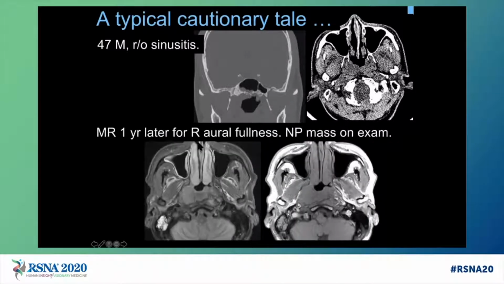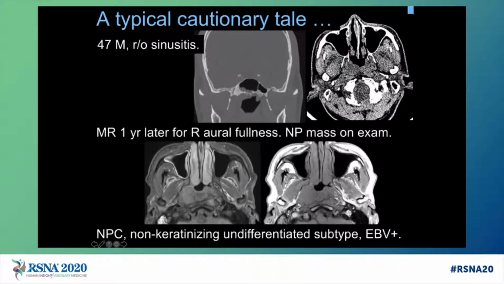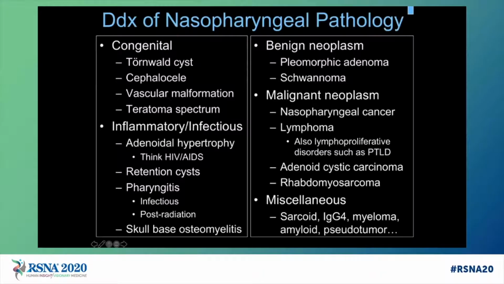At this point, he has a nasopharyngeal mass on exam, both physical exam and MRI. We see this large lesion of the nasopharynx associated with a mastoid effusion, and unfortunately, this patient was diagnosed with nasopharyngeal carcinoma of the non-keratinizing undifferentiated subtype that is typically associated with the Epstein-Barr virus.